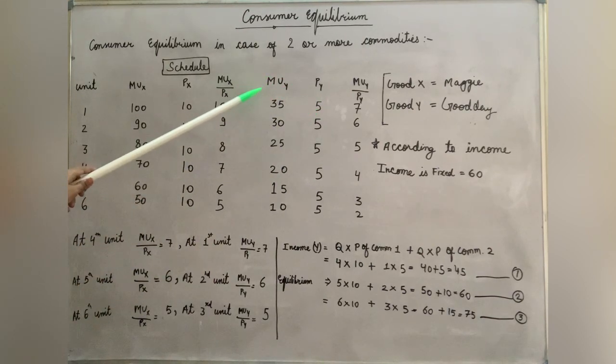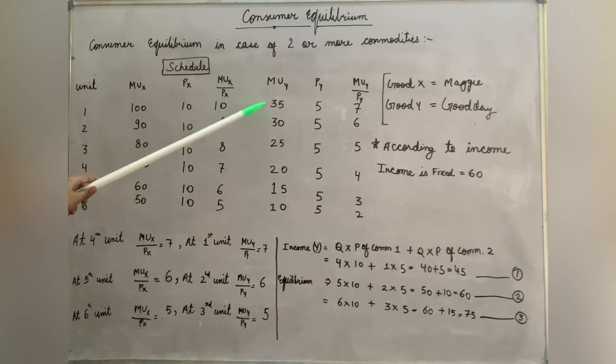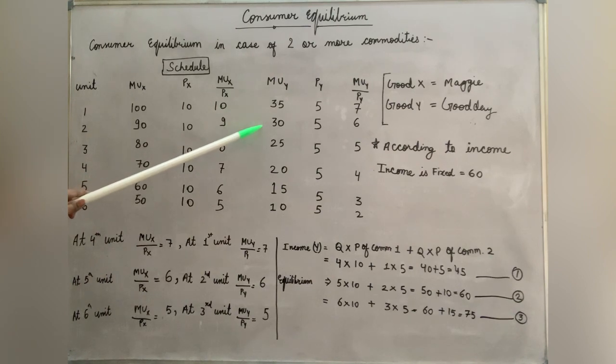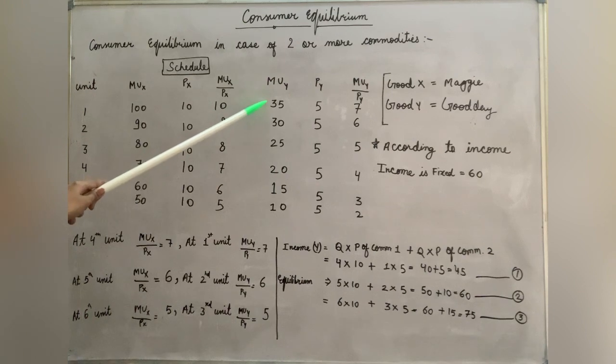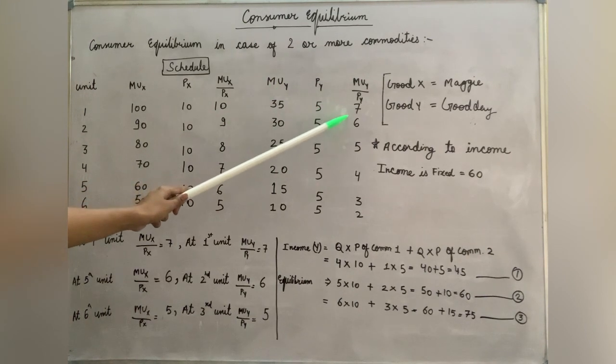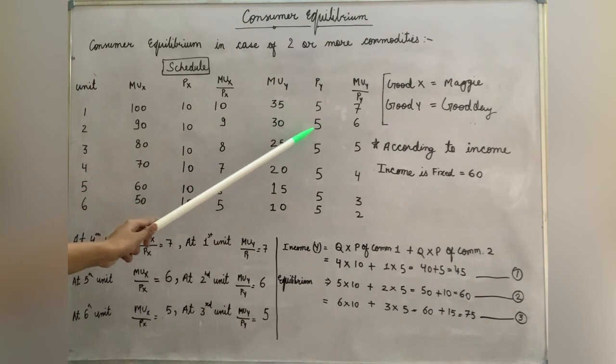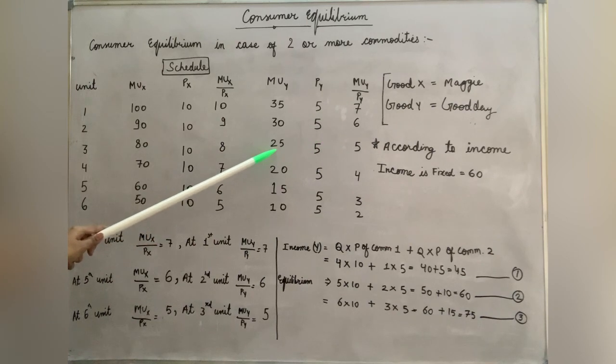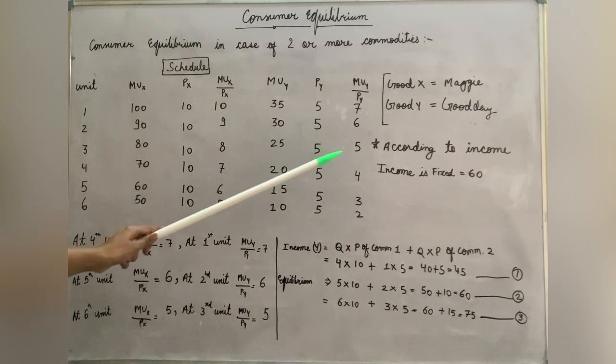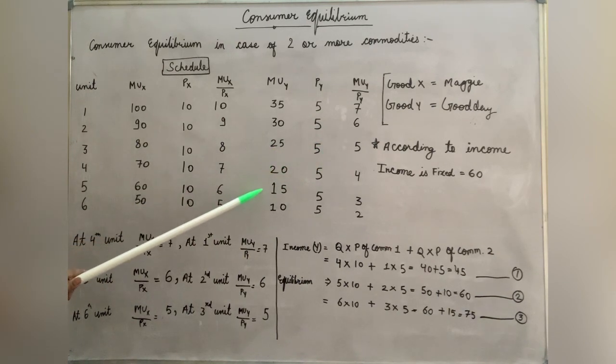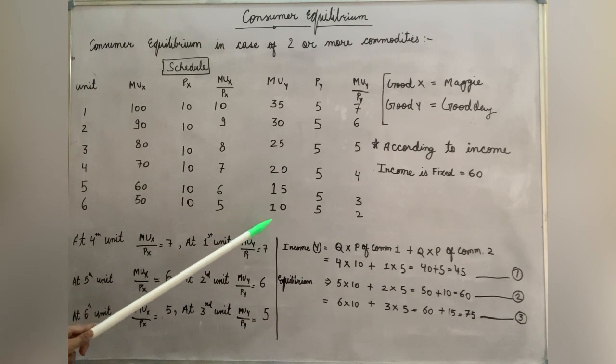Coming to the Good Day biscuit, our satisfaction is 35, and while consuming the second unit, satisfaction is decreasing. So 35 by 5 is equal to 7, 30 by 5 is 6, 25 by 5 is 5, and consecutively we divide all these units.